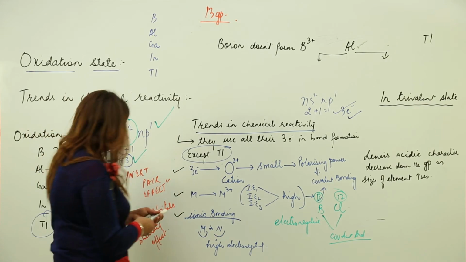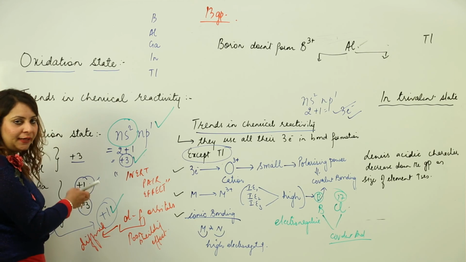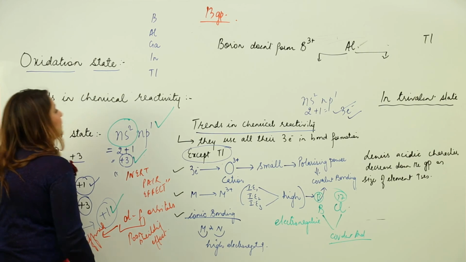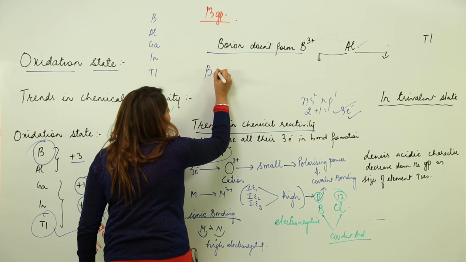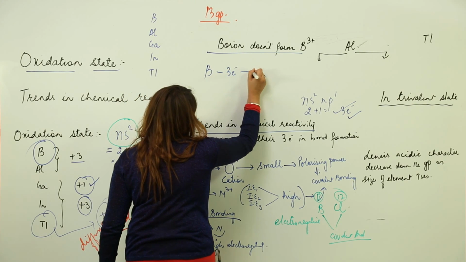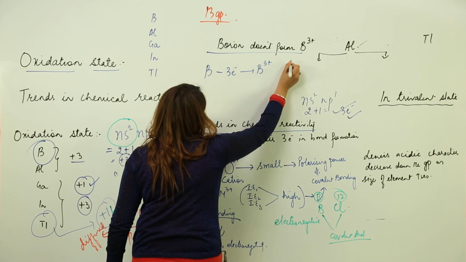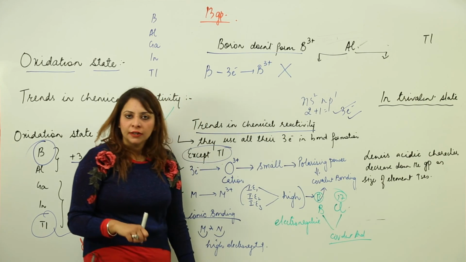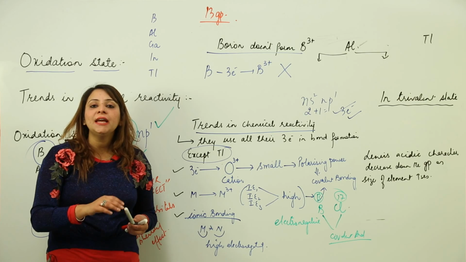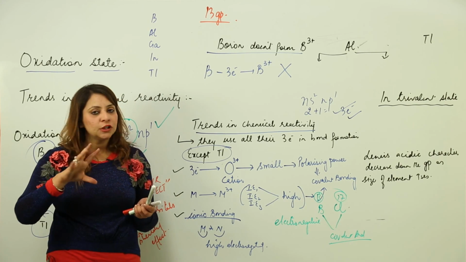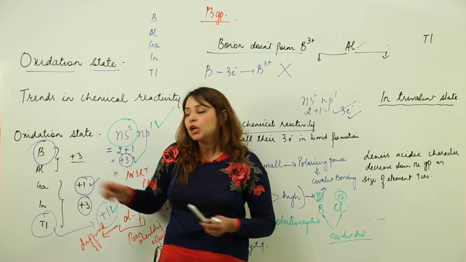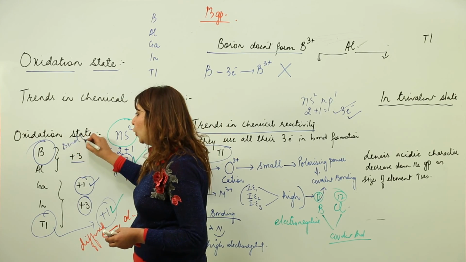Now, if we talk about the members of this family again, we have seen that boron under any condition does not lose 3 electrons and does not form B3 positive. So that means boron can never form an ionic bond. The reason is that it is the first member, so it will be small.